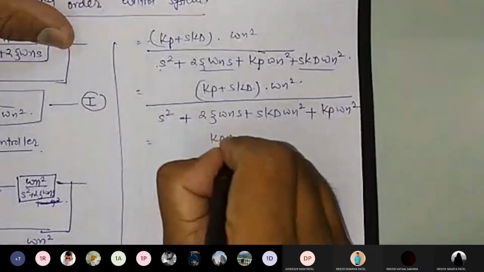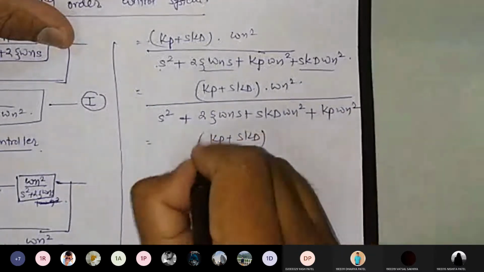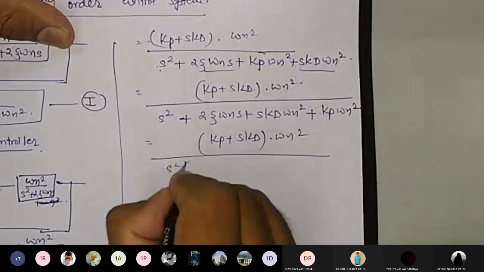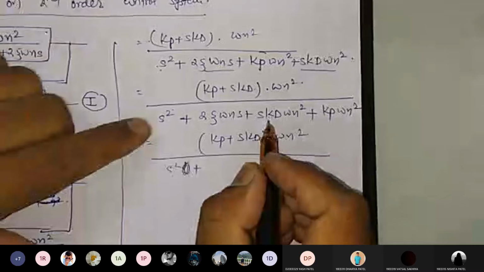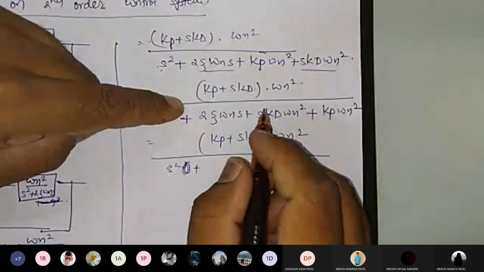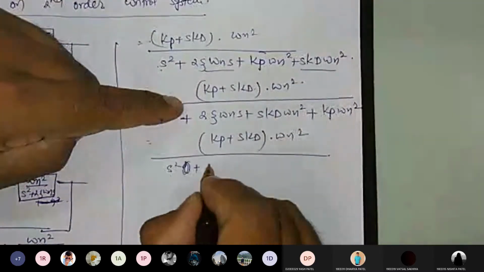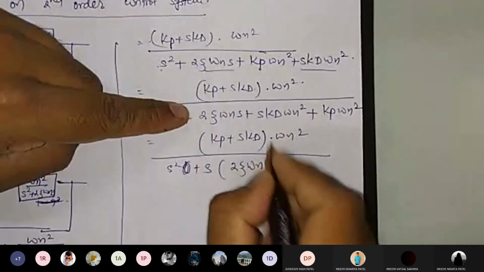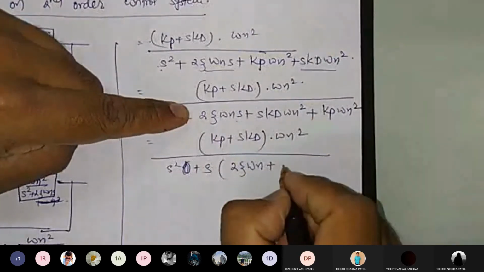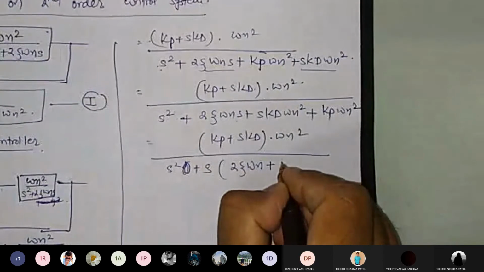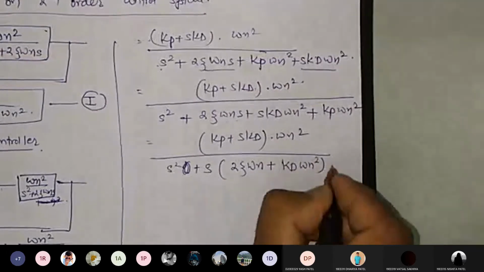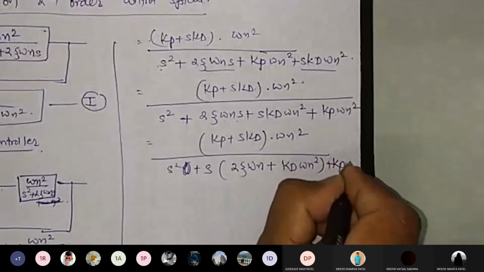So it will be Kp plus sKd omega n square divided by s square plus, I will take s common here, so it will be 2 zeta omega n plus Kd omega n square.